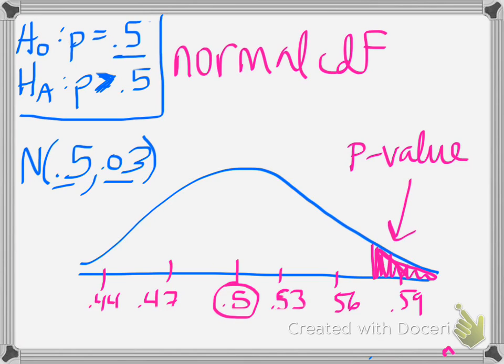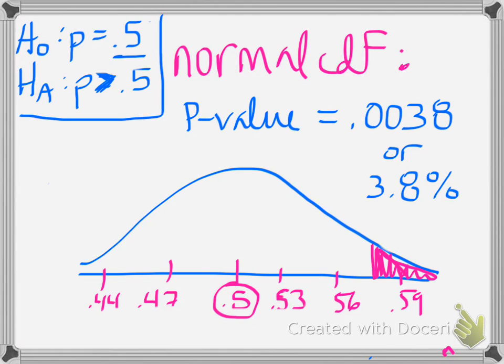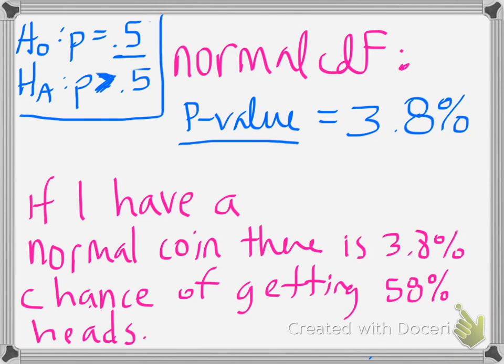All right, so when I use my normal CDF, I end up with a p-value of 0.0038 or 3.8%. This means that if I have a normal coin, there is a 3.8% chance of getting 58% heads. So for a normal coin, this only happens 3.8% of the time.